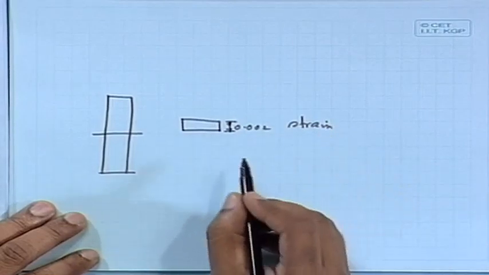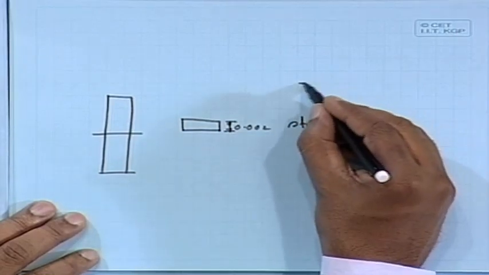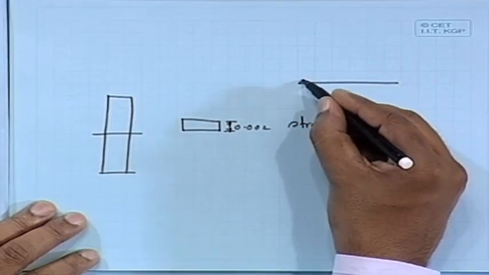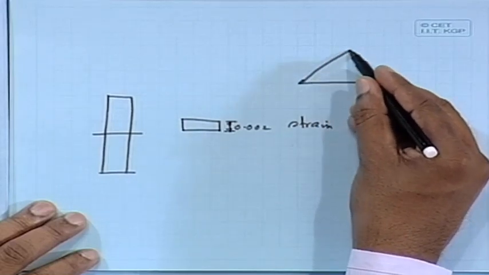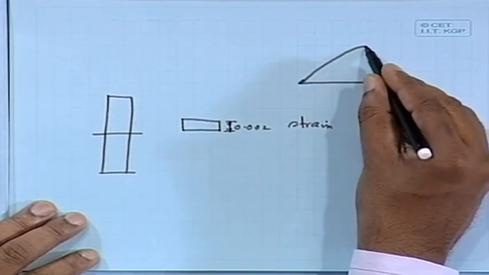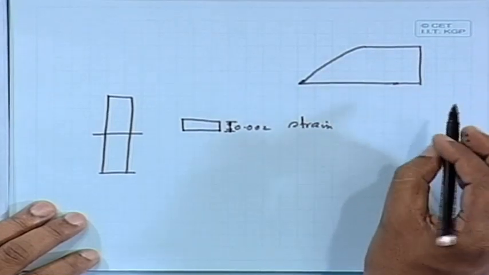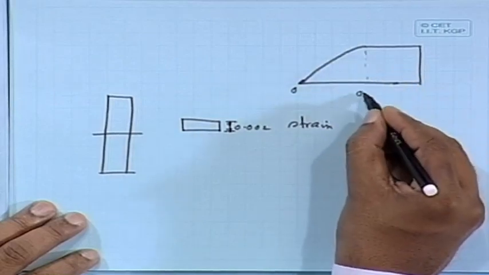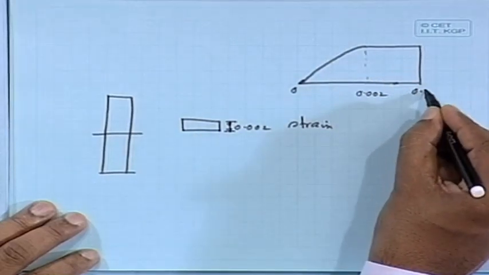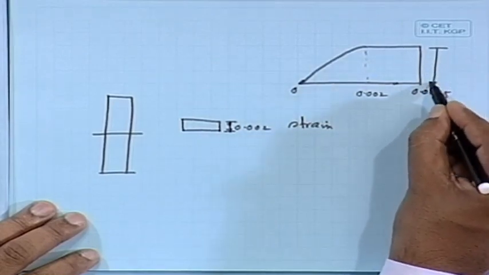What will be the corresponding stress? The corresponding stress here, because your stress block goes like this, that means 0, somewhere here 0.002, 0.0035, and what about the design stress?